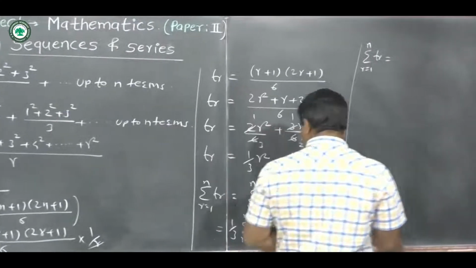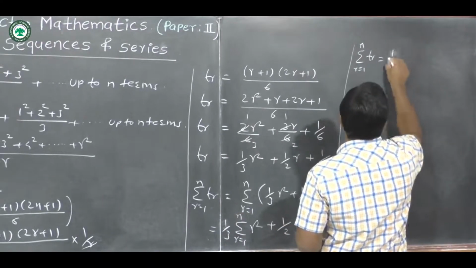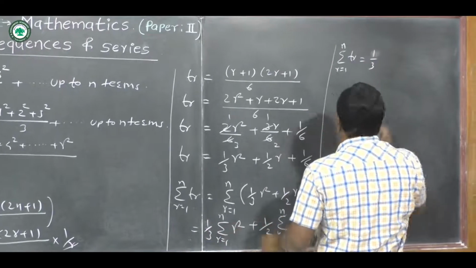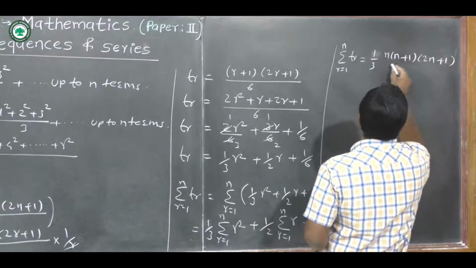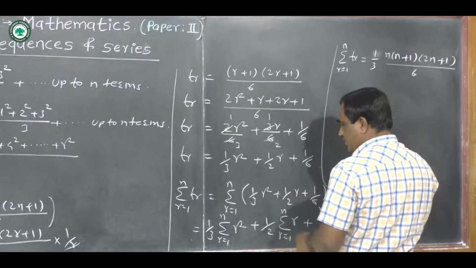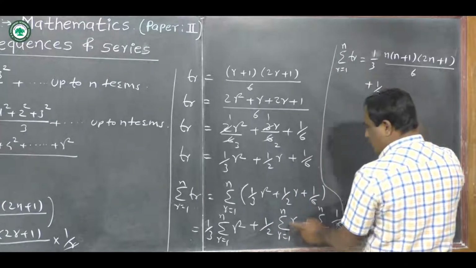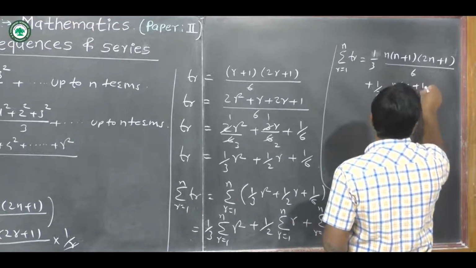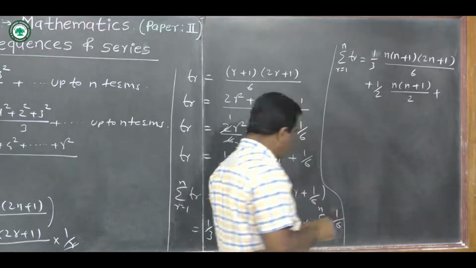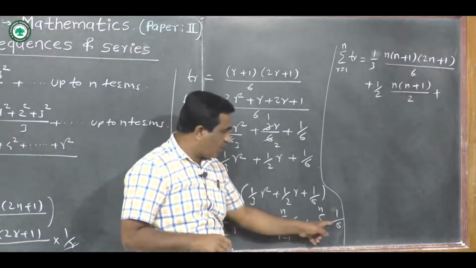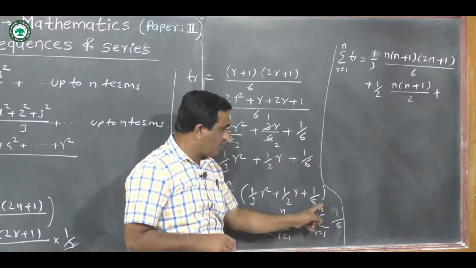Now we can write here 1 by 3 as it is. Value of this is n into n plus 1 into 2n plus 1 upon 6, plus value of this, 1 by 2 into n plus 1 upon 2, plus value of this summation 1 by 6: constant term taken outside the summation, 1 by 6 into summation of 1, r goes from 1 to n.